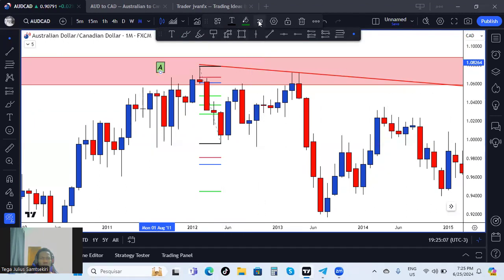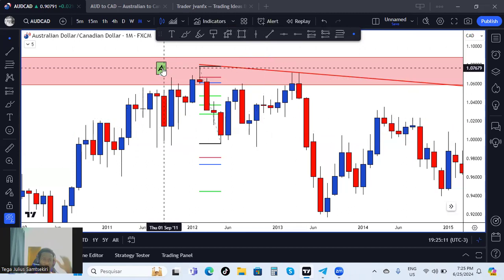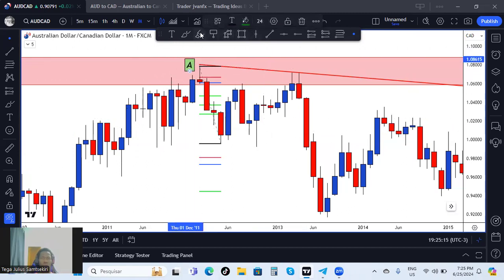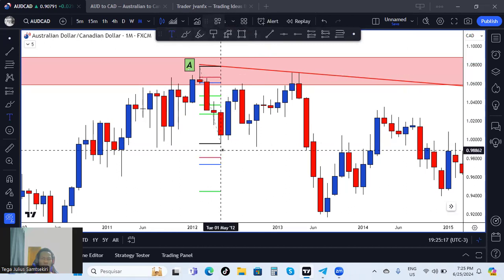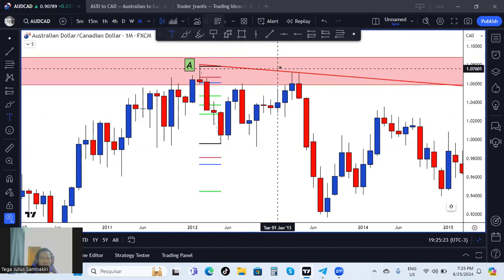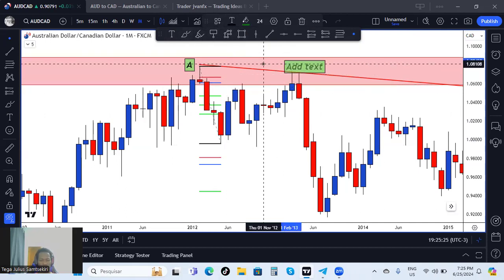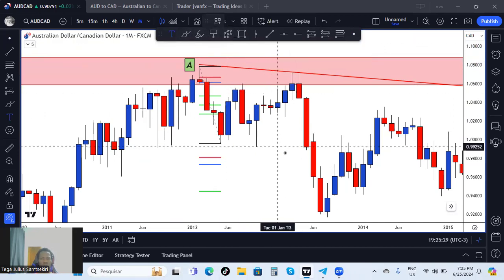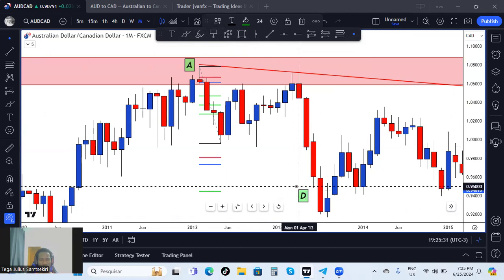So this is the A of the original Fibonacci, because the Fibonacci is A and B. This is the B right here. Then we have the C right here, and then we have the extension D, which is going to go all the way down right here.